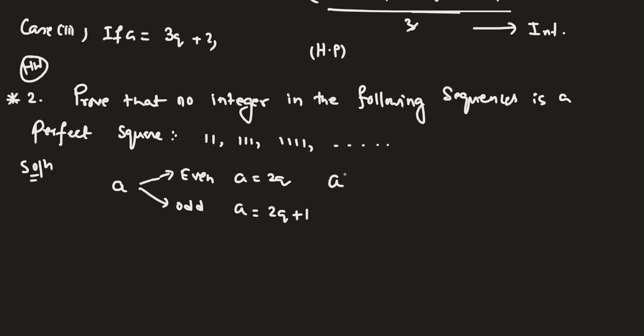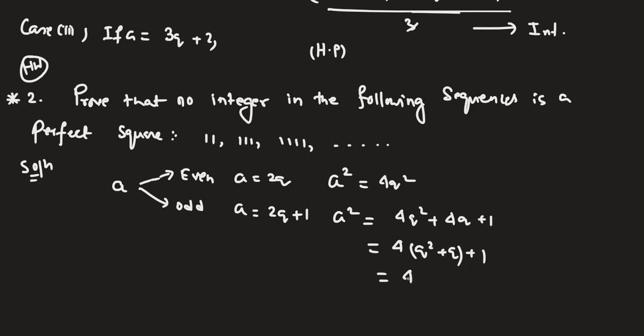Now the square of this even integer will be 4q squared. The square of this odd integer is (2q plus 1) whole squared, which is 4q squared plus 4q plus 1. If I take 4 common, it will be 4(q squared plus q) plus 1. That means it can be written as 4k plus 1.